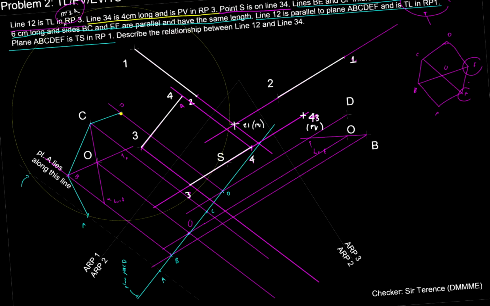Okay, so kung parallel sila and they have the same length, then this should be the location of point F, no? Tama.